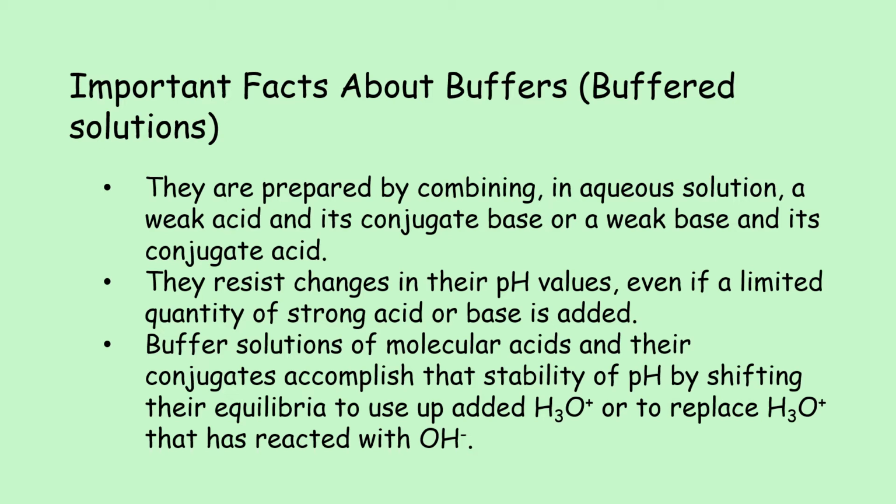So a buffer solution must contain a relatively large concentration of acid to react with any hydroxide ions that are added to it. And it must also contain a similar concentration of base to react with any added hydrogen ions. Furthermore, the acid and the base components of the buffer must not consume each other in a neutralization reaction because it will cancel out the buffering capacity of the buffer solution.